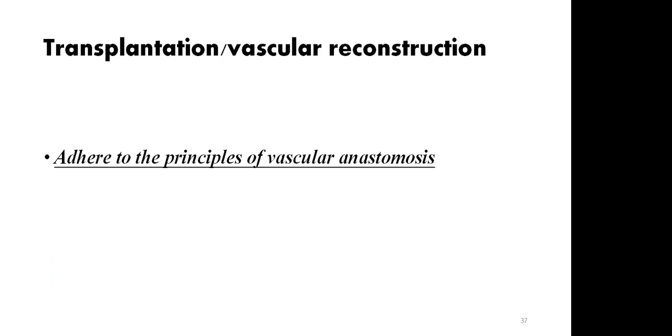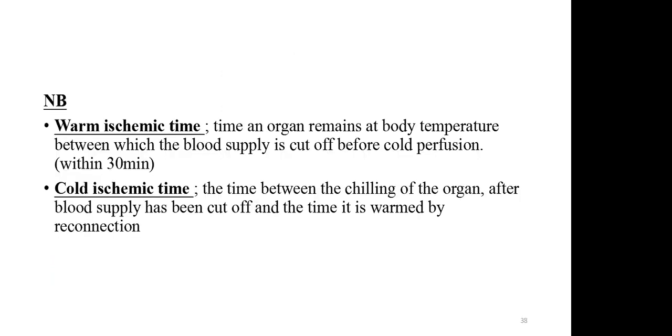So for transplantation and vascular reconstruction, the surgeon adheres to the principles of vascular anastomosis. It is important to note these two terms: warm ischemic time and cold ischemic time, as they apply to transplant surgeries. The warm ischemic time of an organ is the time an organ remains at body temperature, during which the blood supply is cut off before cold perfusion, usually within 30 minutes.